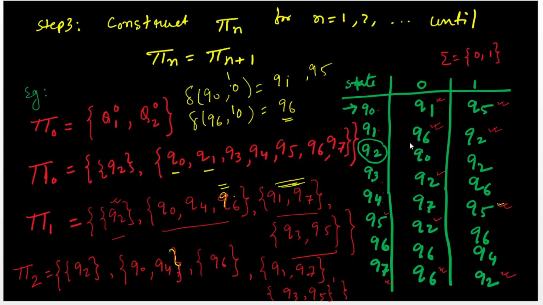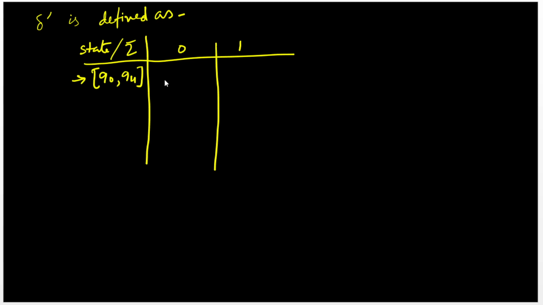in this transition diagram q0 q4 will give q1 q7 by taking 0, and by taking 1 it will go to q5, right? So we can write q3 q5, and q5 means the state that is associated with q5.